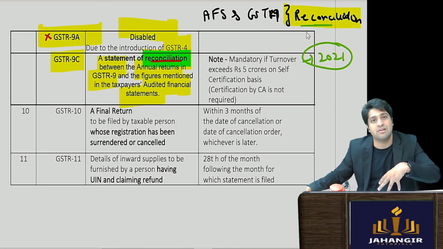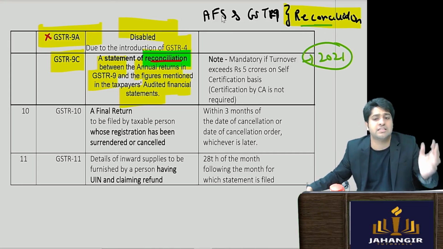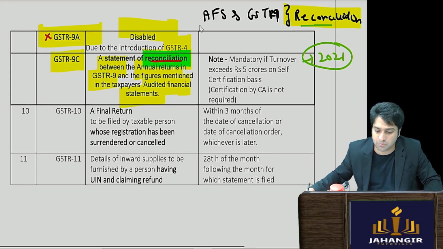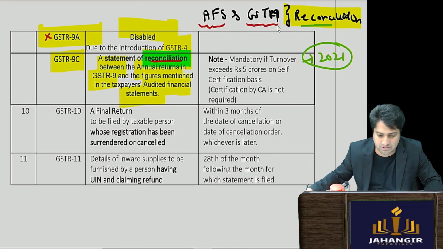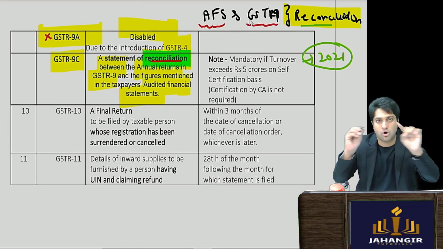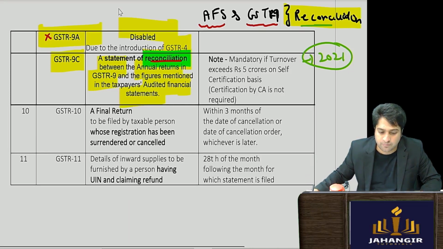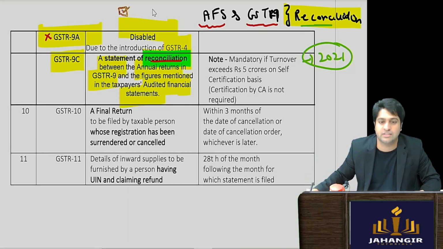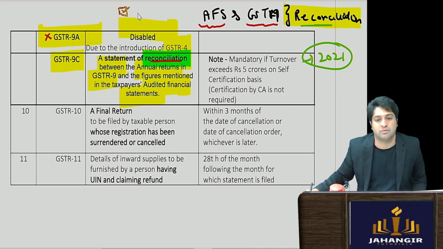The dealer himself can self-certify that yes, I have done a reconciliation between the audited financial statements and the GSTR 9. There is simply a check box, something like that. He just has to go and tick it that yes, he has reconciled the figures between these two elements.